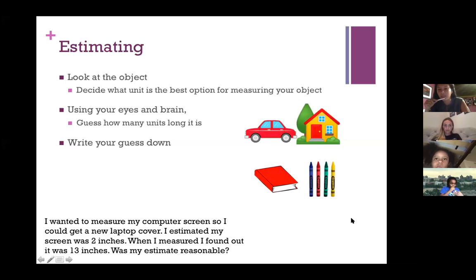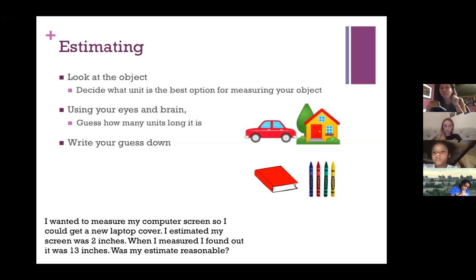What does estimating mean, Amy? I couldn't hear because my iPad is glitchy, but that's okay. Someone was also unmuted, so I muted them, so now I can hear you perfectly. So what does it mean to estimate, Amy? Estimate means to think how much you think the measurement is. Correct. It means to guess.